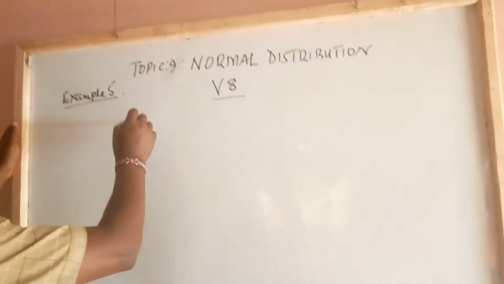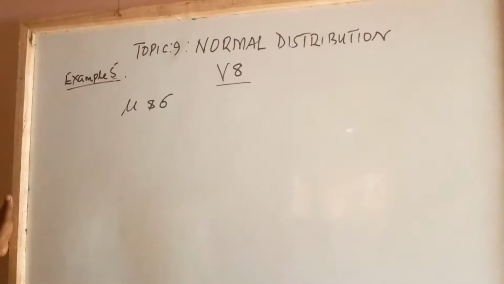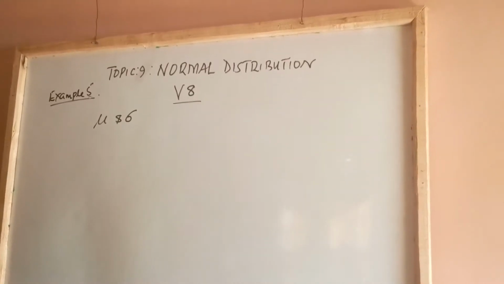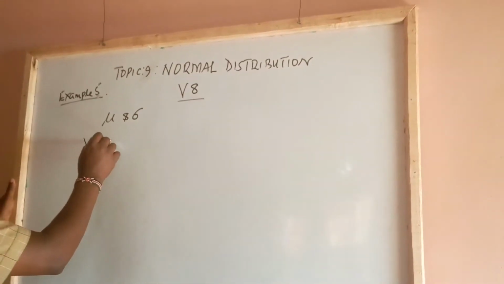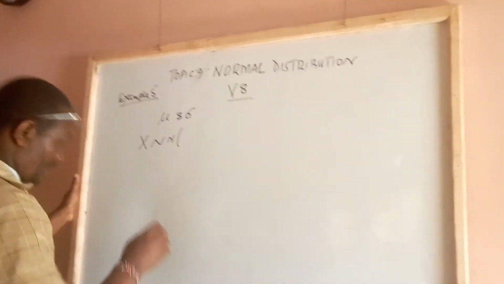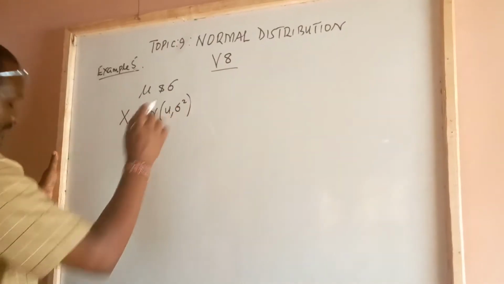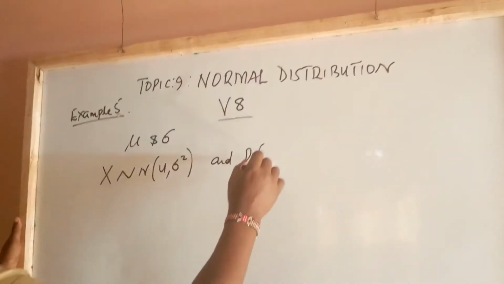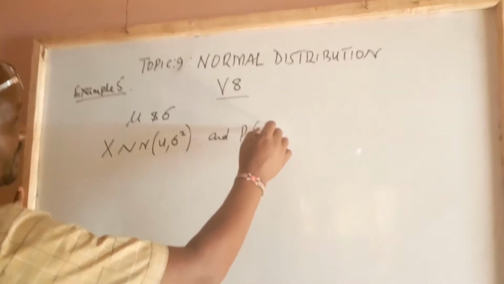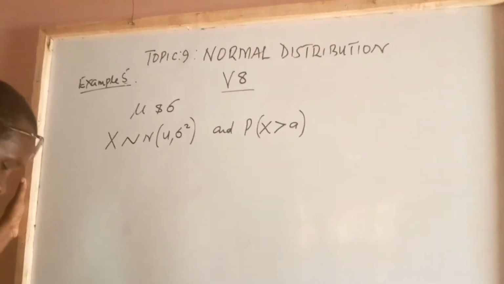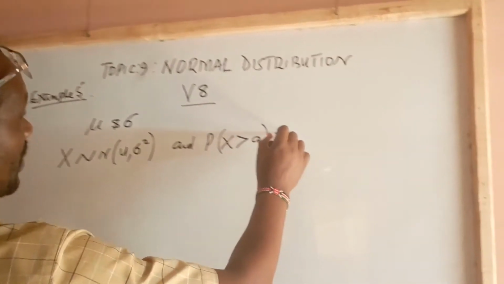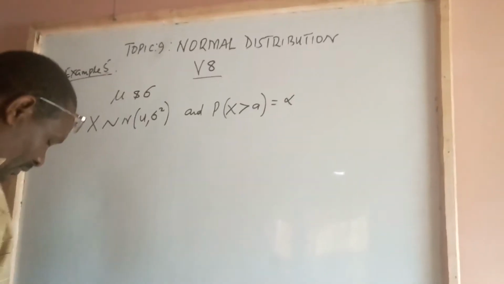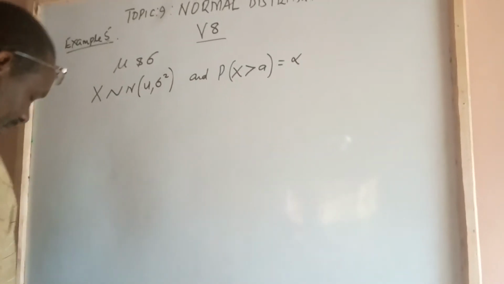There are two points to note: if x is distributed normally with the mean and the variance, and the probability of x greater than a is equal to alpha, where alpha is the probability, you write this statement as follows.